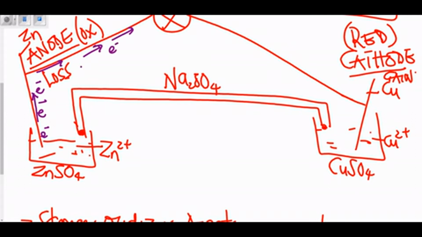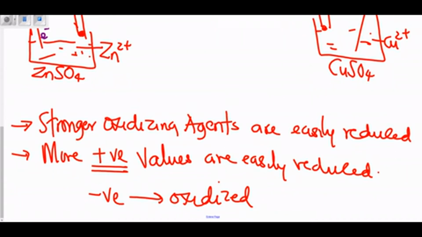Transfer. If you remember the word transfer of electrons, electrons are migrating. So electrons move from the anode to the cathode.